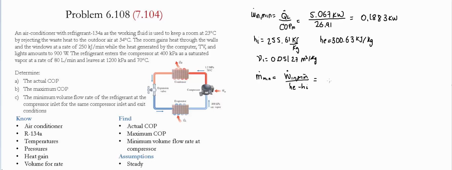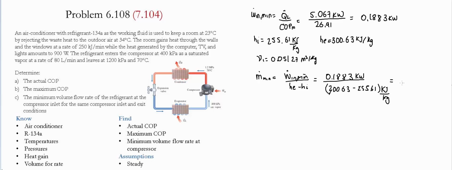We take the values from the previous part of the problem: 0.1883 kilowatts divided by 300.63 minus 255.61, which is 55.61, all in kilojoules per kilogram.